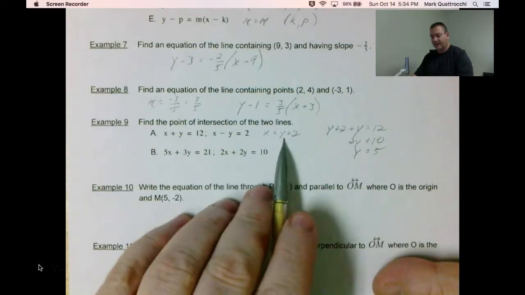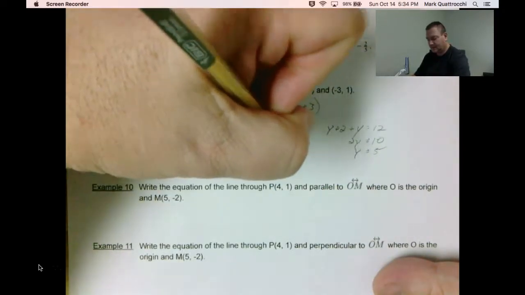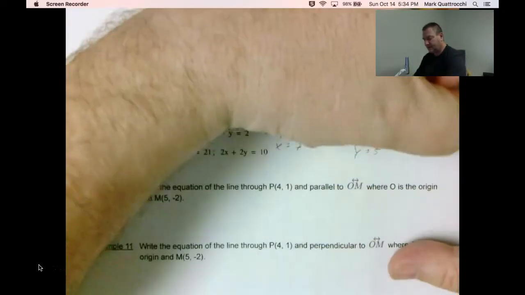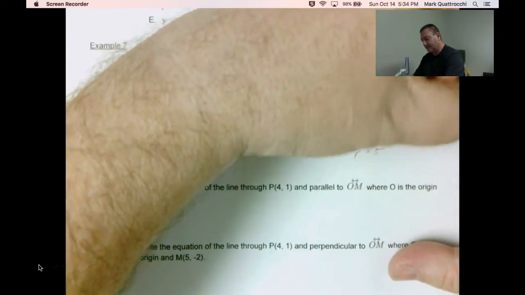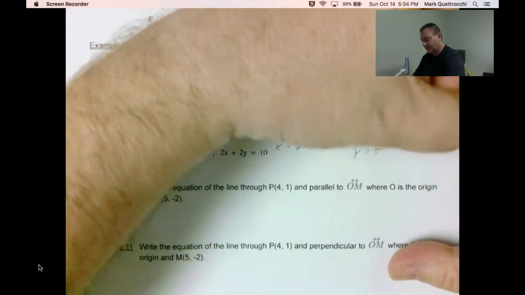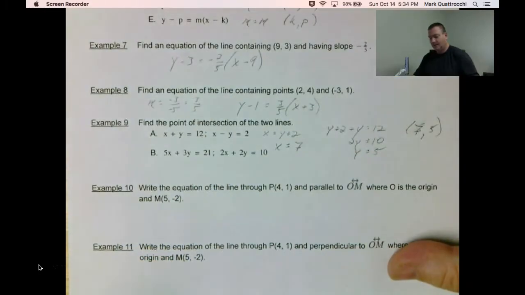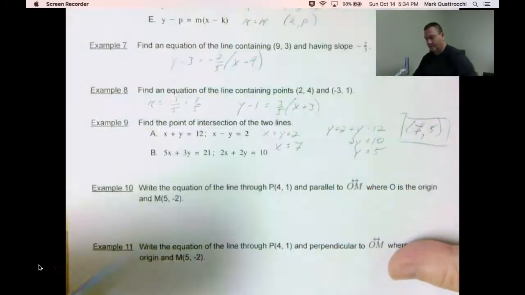If y equals 5, x equals 7, and we get the point 7, 5, not 5, 7. 7, 5. There's part A.